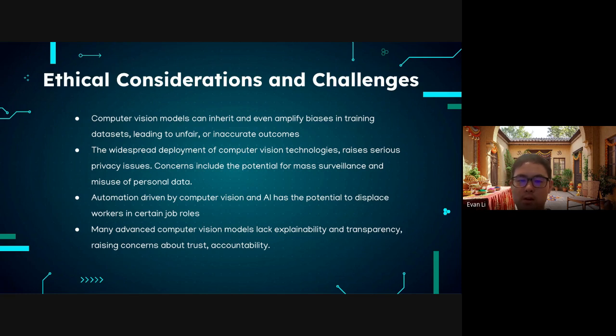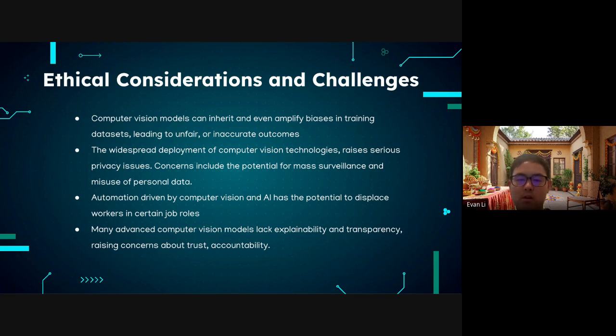This can lead to unfair, discriminatory, or inaccurate outcomes, particularly for underrepresented or marginalized groups. For example, facial recognition systems trained primarily on images of one demographic group may exhibit significantly lower accuracy or even discriminatory behavior when applied to individuals from different demographic groups.